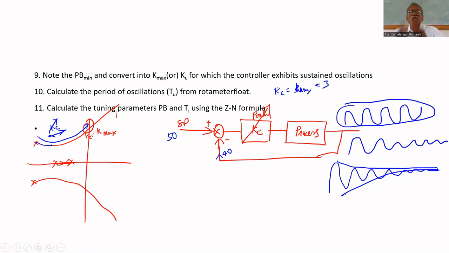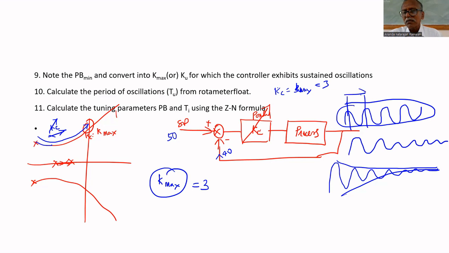It means the poles are exactly on the jω axis. That point we have to find, that Kc. That is called Kc max. K max you have to find. Let us assume that K max equal to 3. And one more thing we have to find, that is the period of oscillation.